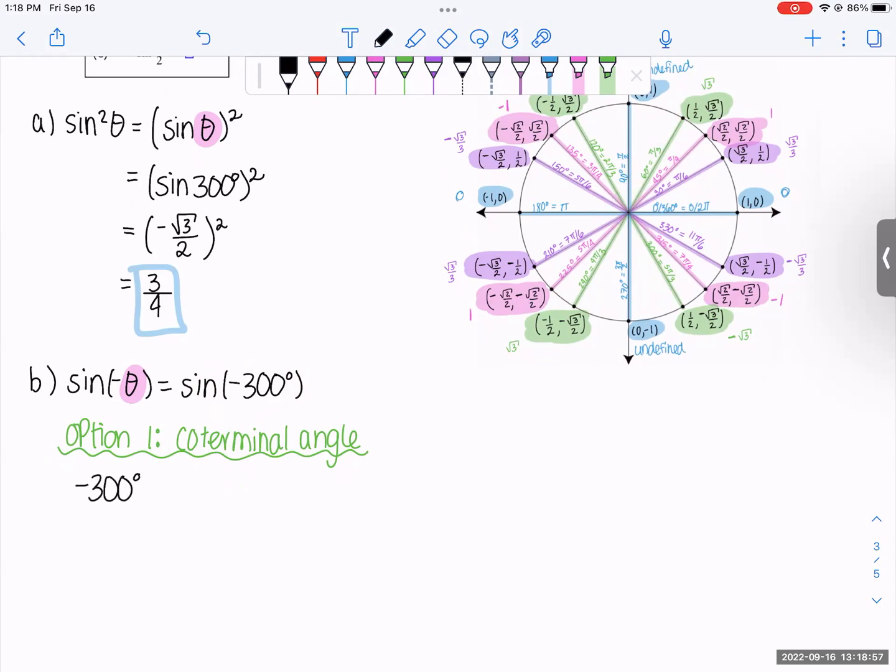But if we didn't know where it would stop, we could take negative 300, add 360 degrees, and then we know that 60 degrees is coterminal with negative 300. Negative 300 is this drawn in standard position, whereas 60 degrees is that, but they both have the same terminal side. So their sine value is going to be the same.